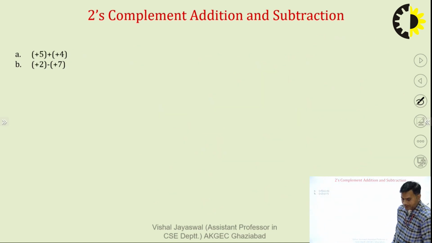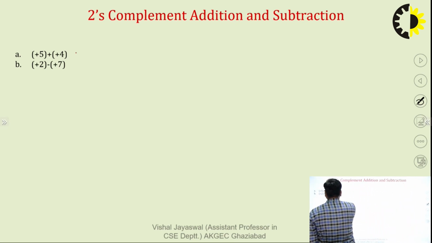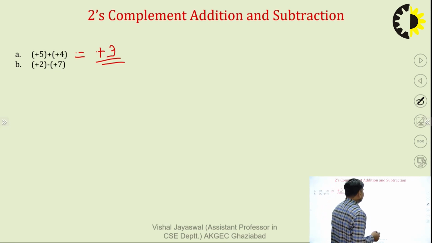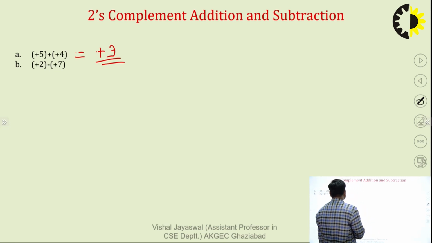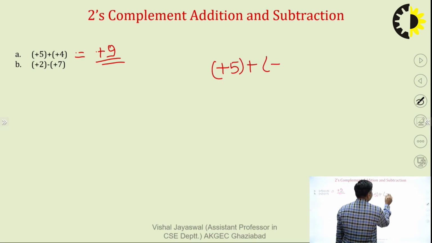We take another question, that is plus 4 plus 5, and we get the result plus 9. If we add plus 4 and plus 5, then we get the result plus 9.